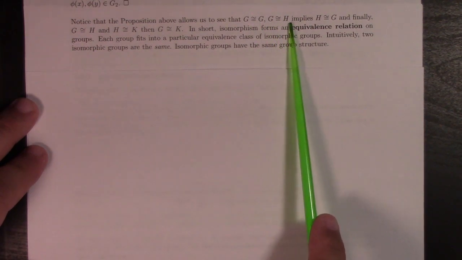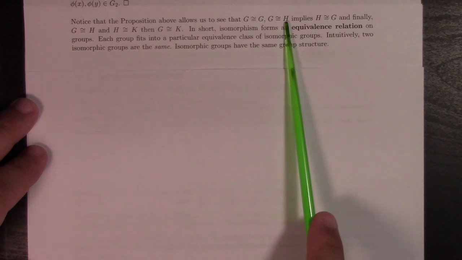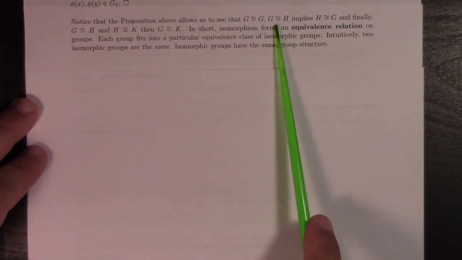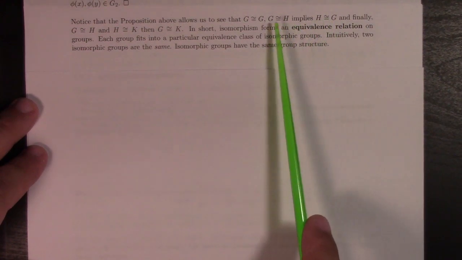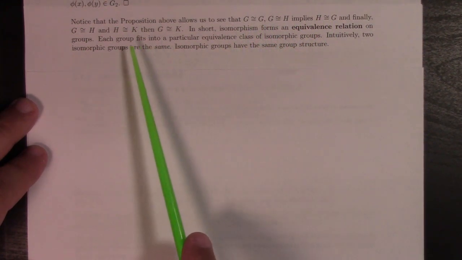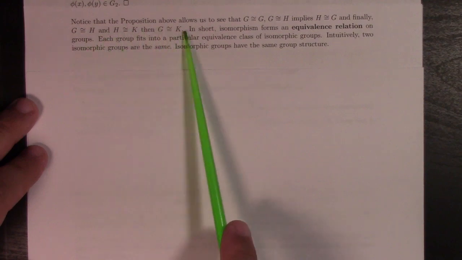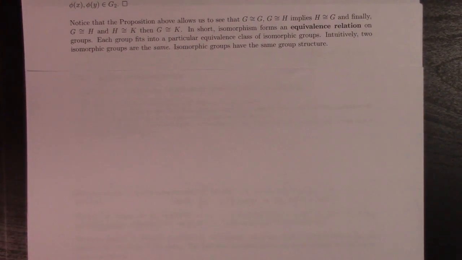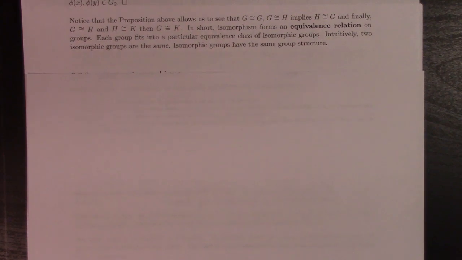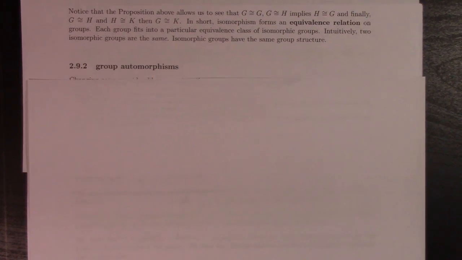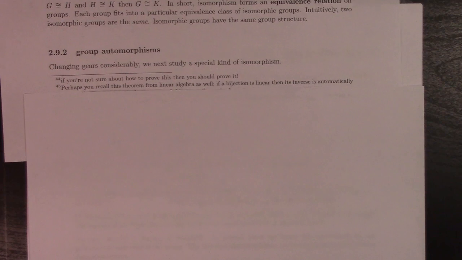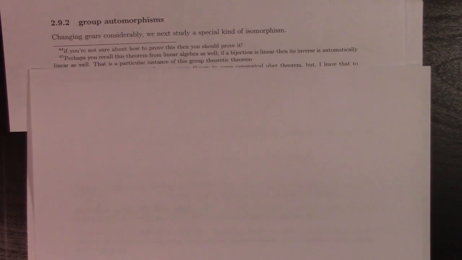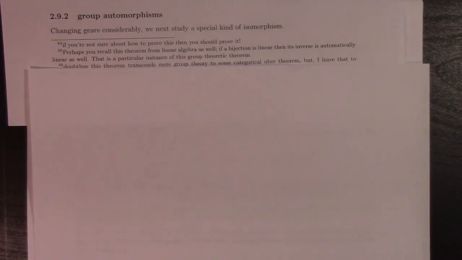If you have an isomorphism from G to H, then the inverse of that map is also an isomorphism from H to G. So we've got symmetry, we've got reflexiveness of isomorphism of groups, and also we have transitivity from part 3 of the proposition above. In other words, isomorphism is an equivalence relation on groups. And so roughly speaking, two groups that are isomorphic are essentially the same group up to notation, as I've been trying to sell to you for the last couple weeks.